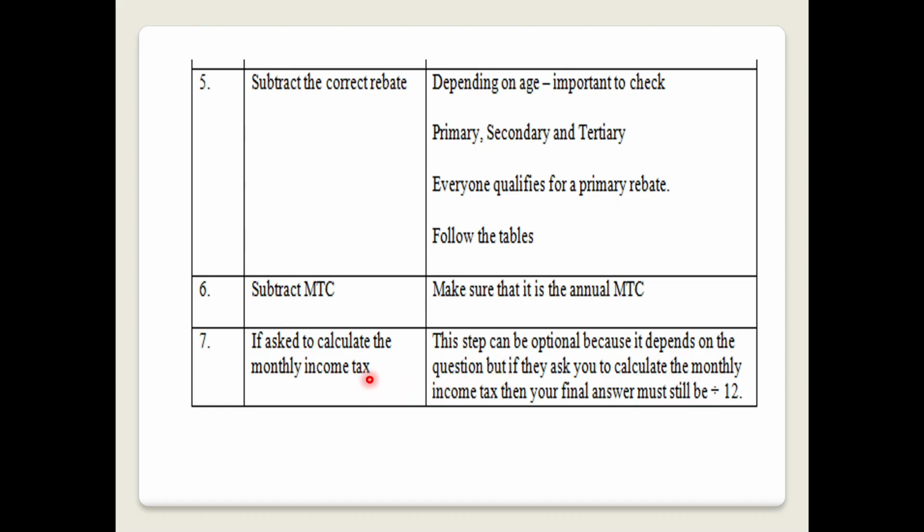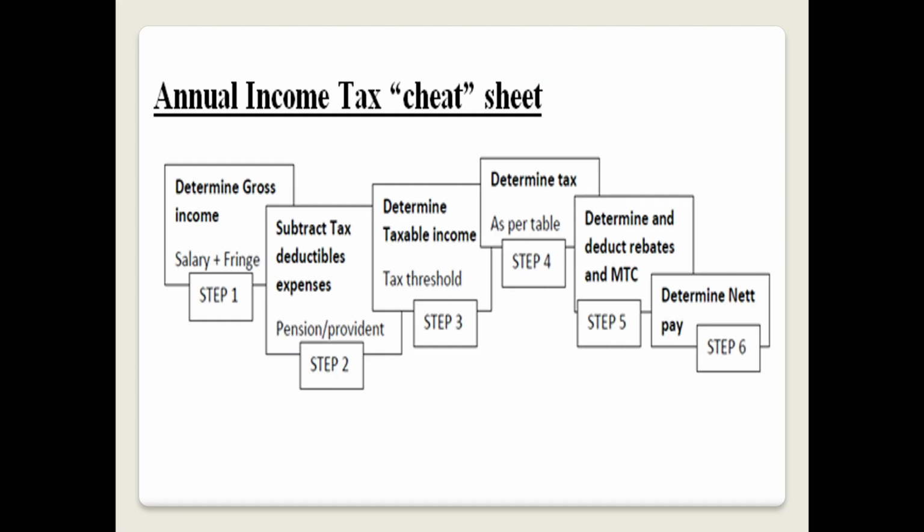This amount in step number 7 is the amount that's going to appear on an individual's salary slip. This is the amount that will be deducted from his salary every month. All right, let's move along then.